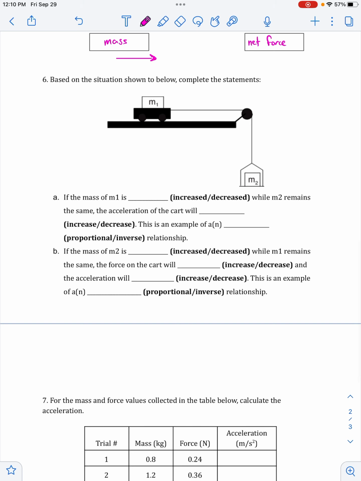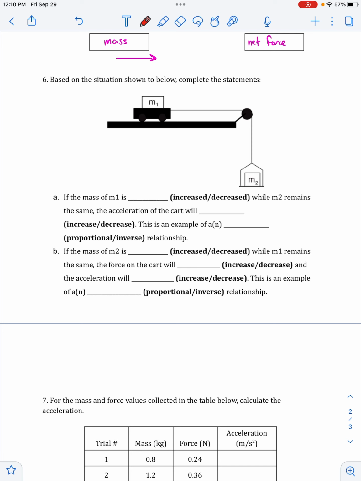Number 6, you have a situation like this with 2 masses and the cart and the pulley. We're supposed to complete this statement. So if the mass of m1 is increased or decreased while m2 remains the same, the acceleration of the cart will increase or decrease. It's an example of a proportional or an inverse relationship, right?